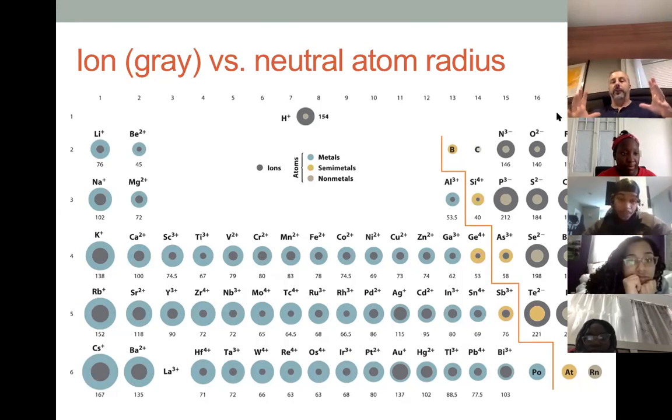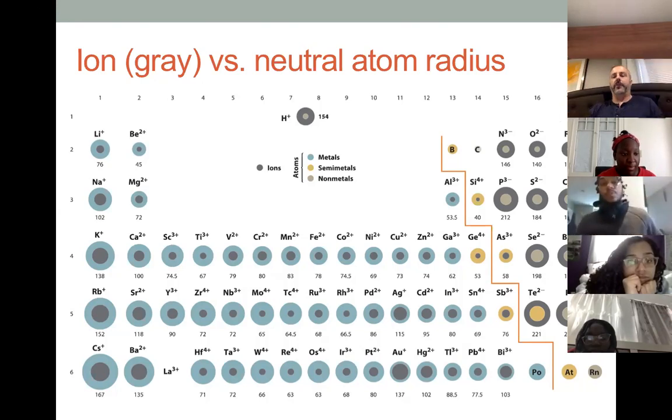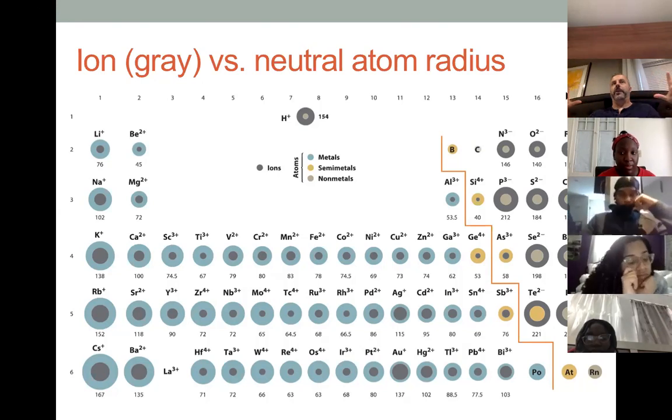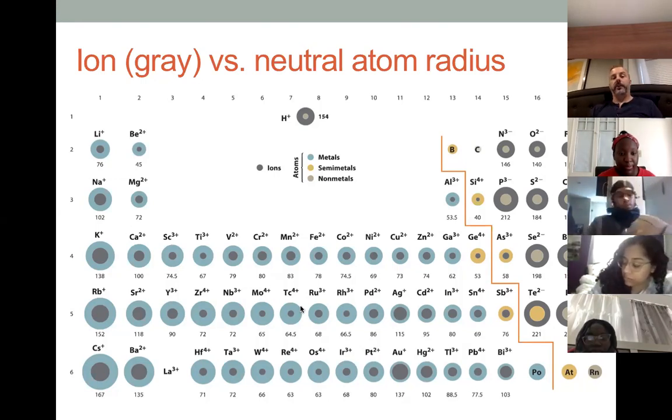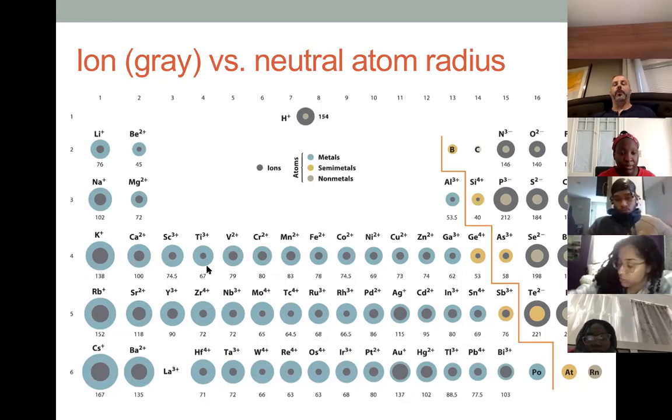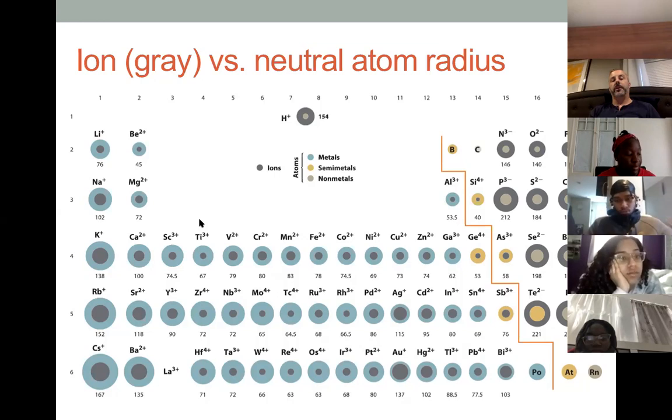Those valence electrons are feeling less pull because you added valence electrons for the nonmetals, and that pull from the nucleus is being spread out more and more because you added more and more valence electrons. For the metals, you lost valence electrons, and so same number of protons, so it's pulling a little bit tighter now. Zeff increased substantially.